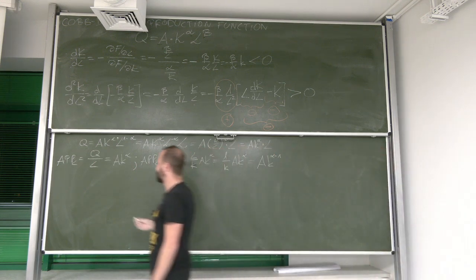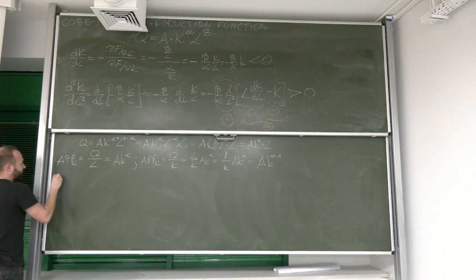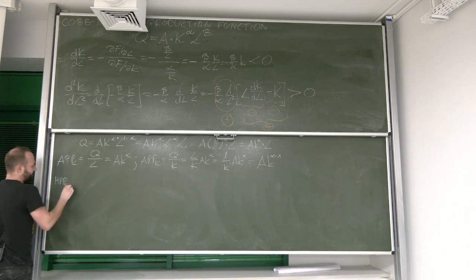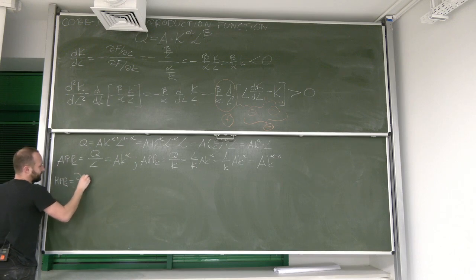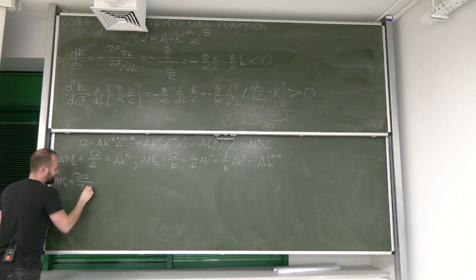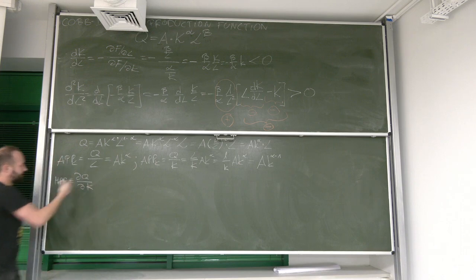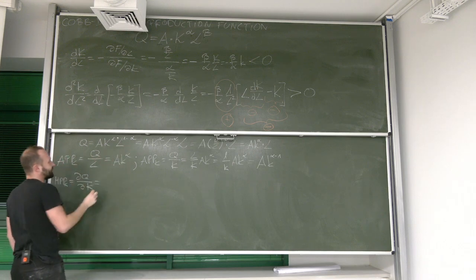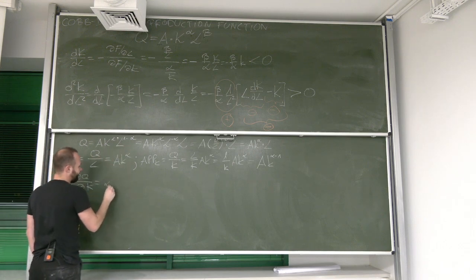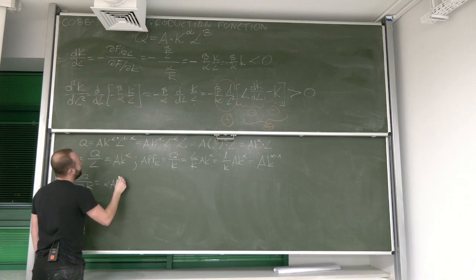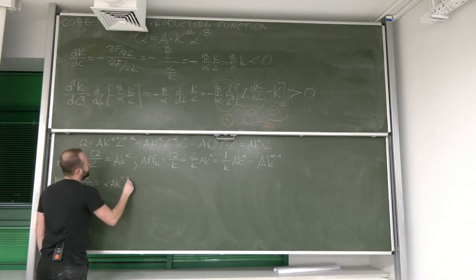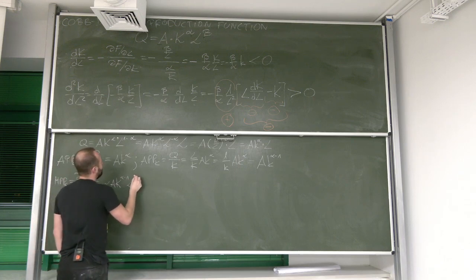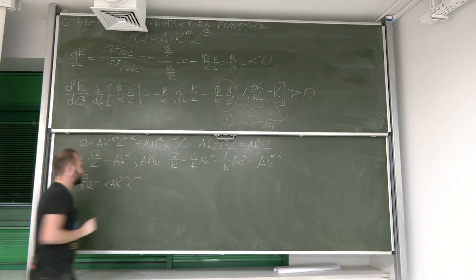So maybe now we can check the very same thing for marginal products. We remember that the marginal physical product of capital is given by the partial derivative of Q with respect to capital. If I differentiate this expression with respect to capital, I get alpha A K to the power alpha minus 1 times L to the power 1 minus alpha.